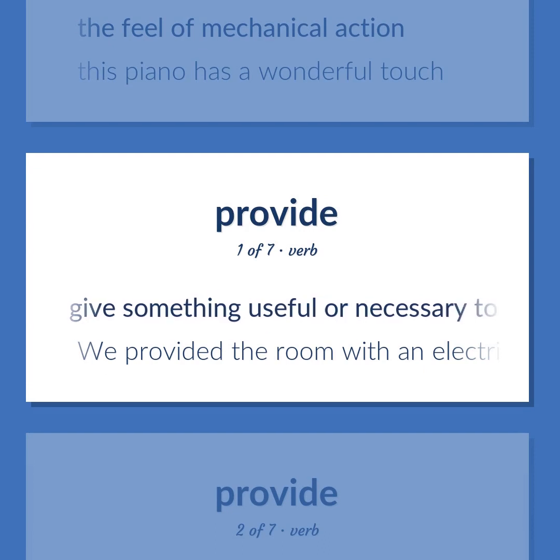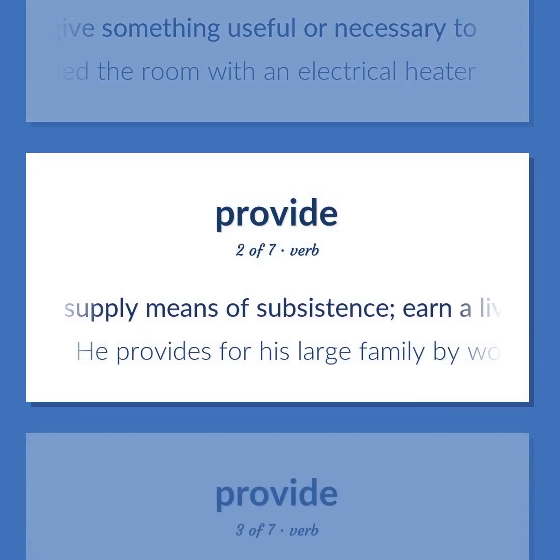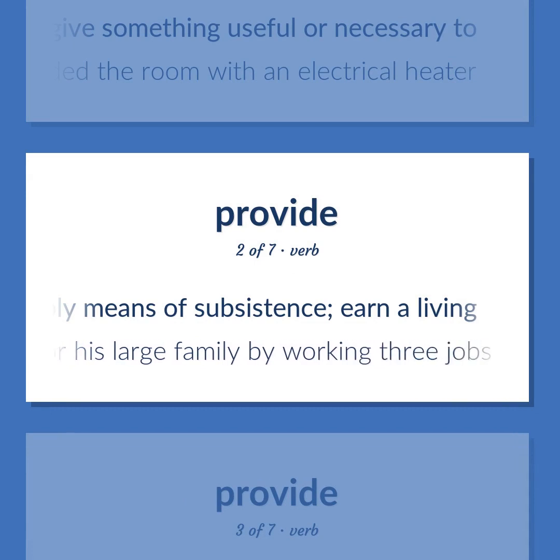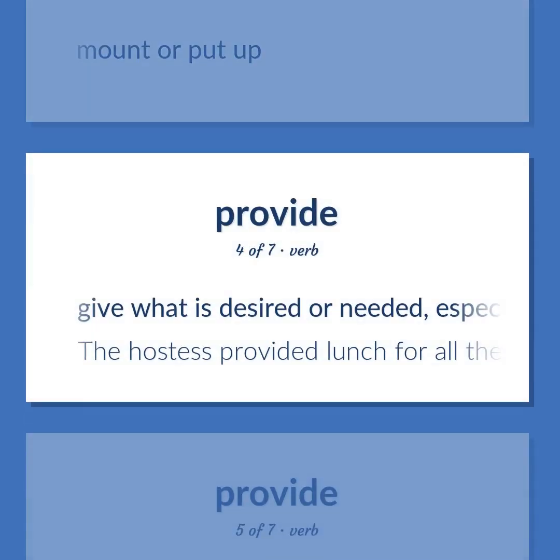Give something useful or necessary to. We provided the room with an electrical heater. Supply means of subsistence. Earn a living. He provides for his large family by working 3 jobs. Mount or put up. Give what is desired or needed, especially support, food or sustenance.